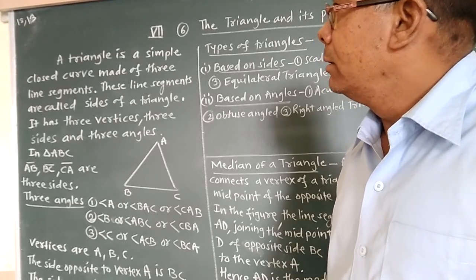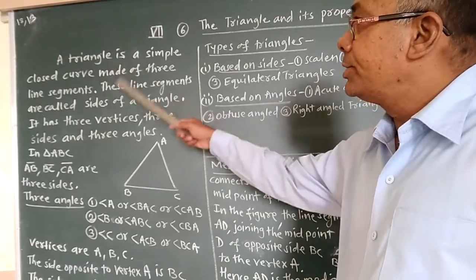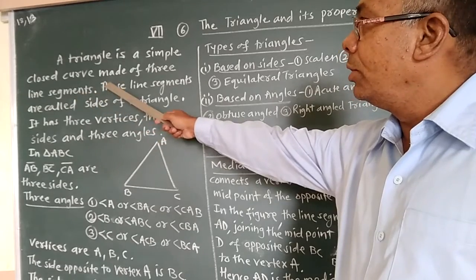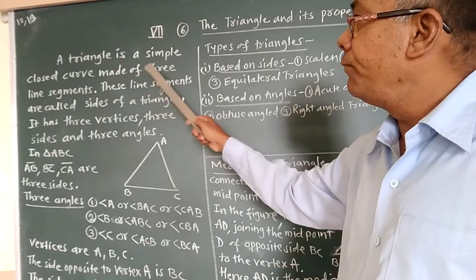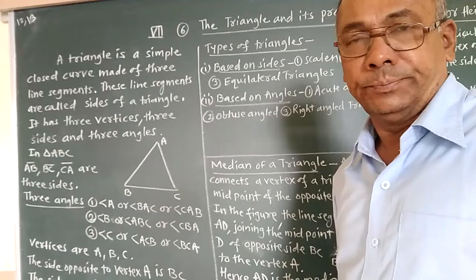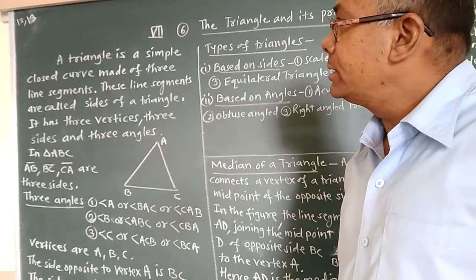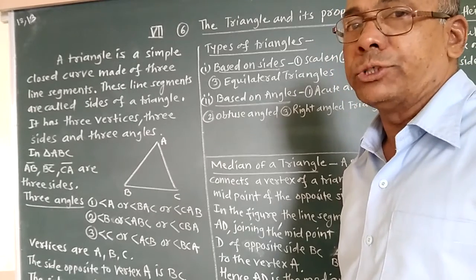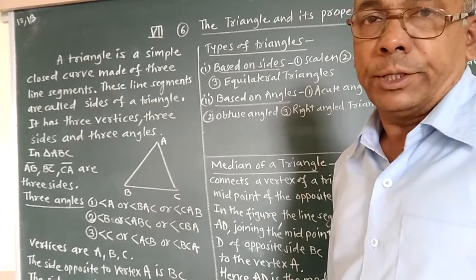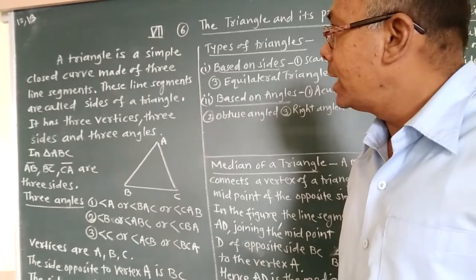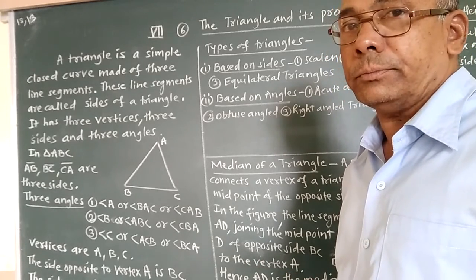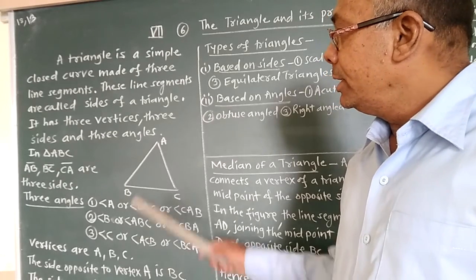A triangle is a simple closed curve made of three line segments. Means a simple closed curve made up of three line segments is a triangle.